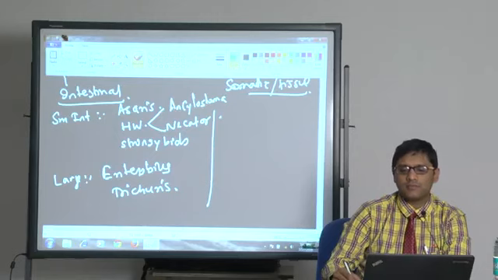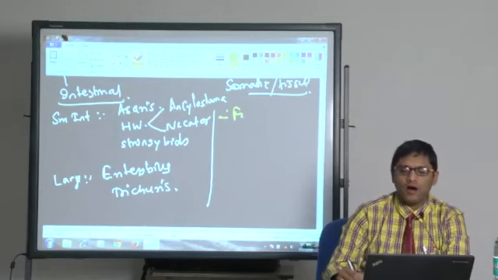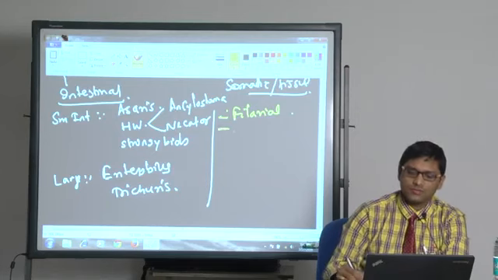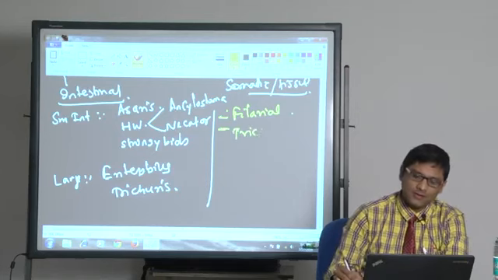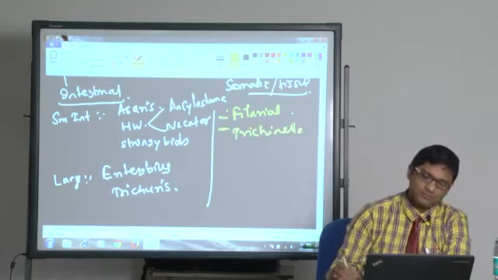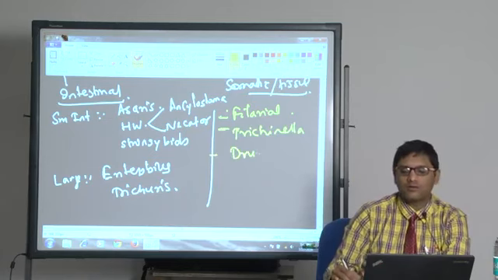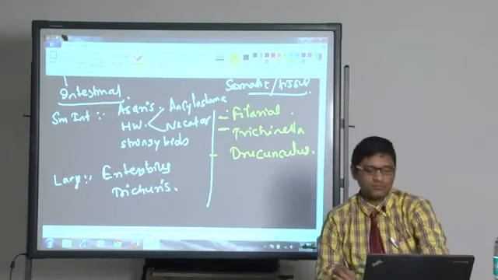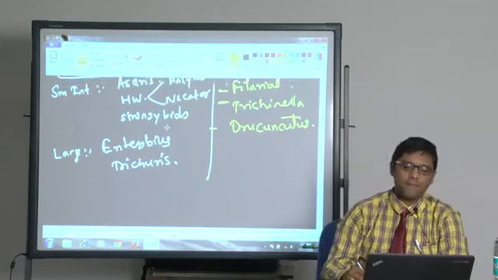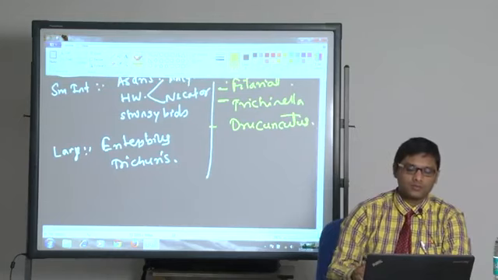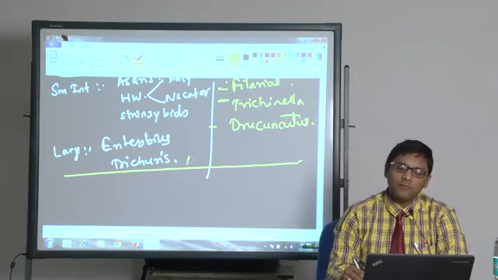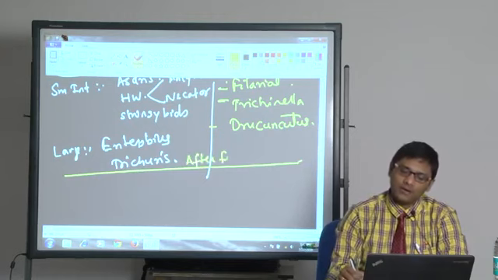Somatic nematode examples are all filarial nematodes, then Trichinella spiralis and Dracunculus.